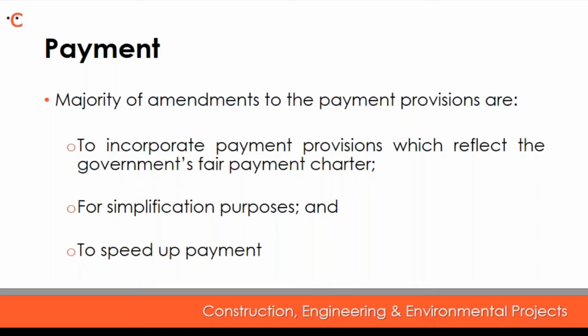The main changes to the payment provisions include the following: the interim valuation date, a monthly payment cycle from practical completion to the date of final payment, the final payment notice, unpaid amounts being recoverable as a debt, and fluctuation provisions.